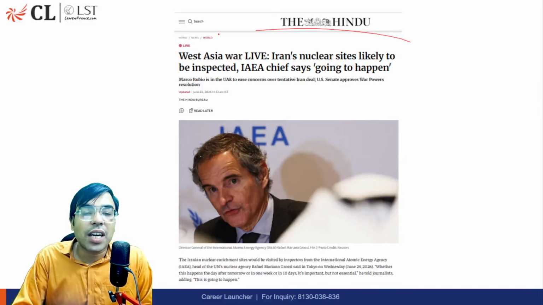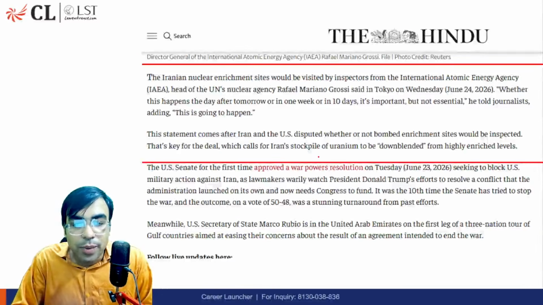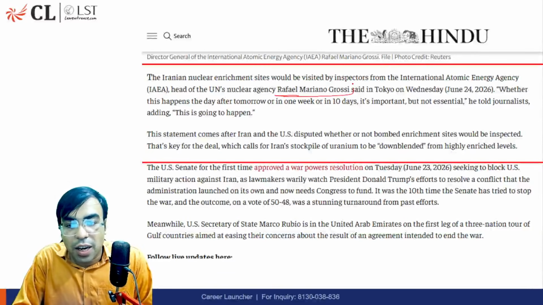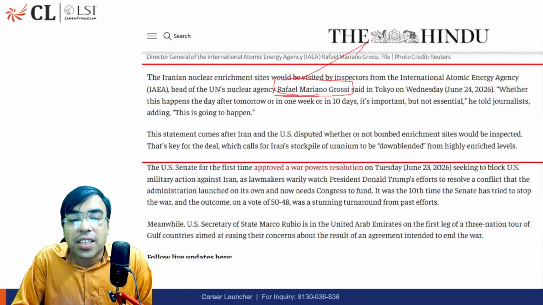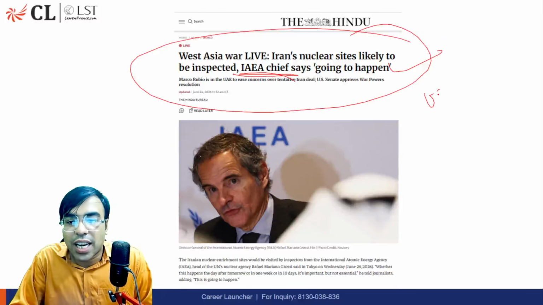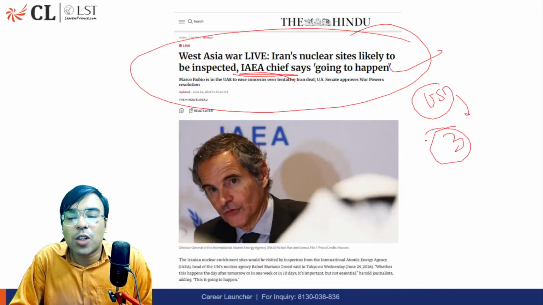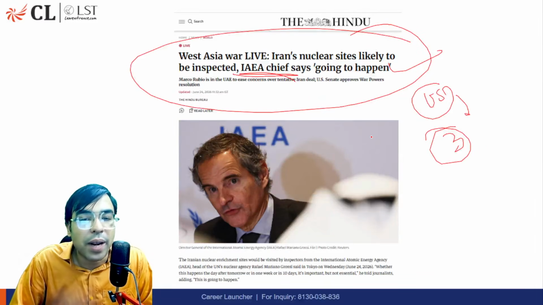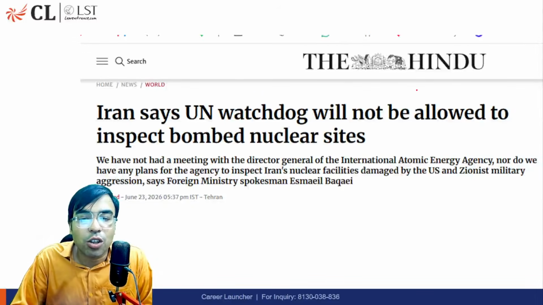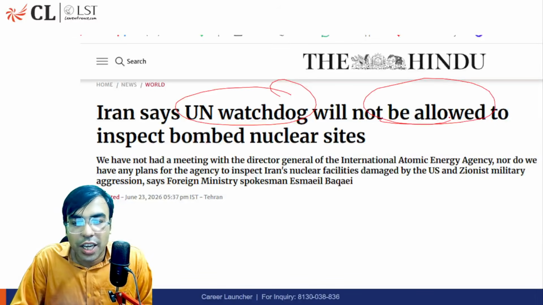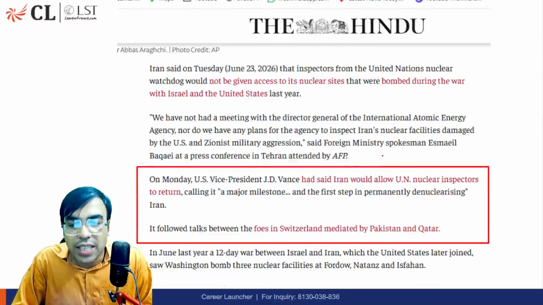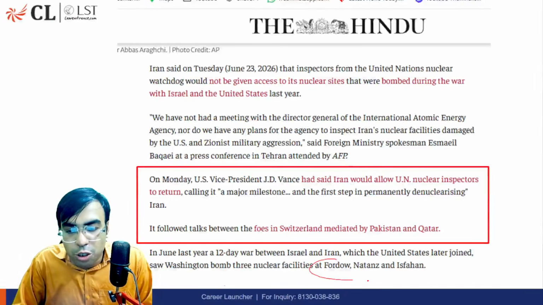Now, this was in the news: the IAEA chief, International Atomic Energy Agency chief Rafael Mariano Grossi, had said that they will go and inspect the nuclear sites, because the USA had bombed three prominent nuclear sites of Iran. But Iran said, no, we will not allow it. The three bombed nuclear sites were Fordow, Natanz and Isfahan.